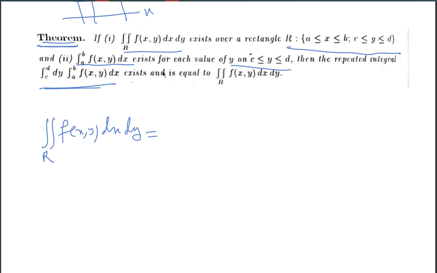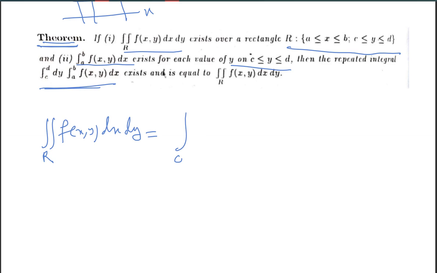So R's range will be a to b. You need to check from here. Sometimes the integration range is a to b, sometimes it may be some function f(y) to some g(y). So first you need to check the region.